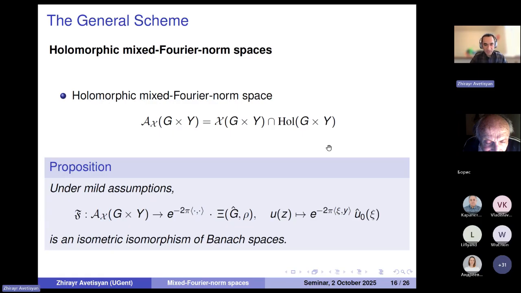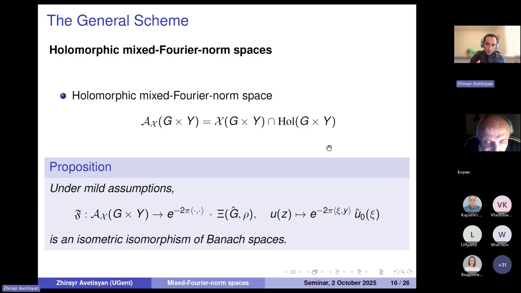More precisely, this map that takes distribution U to its half Fourier transform, namely e to the minus 2 pi Xi y times U naught Xi, is actually an isometric isomorphism of Banach spaces.